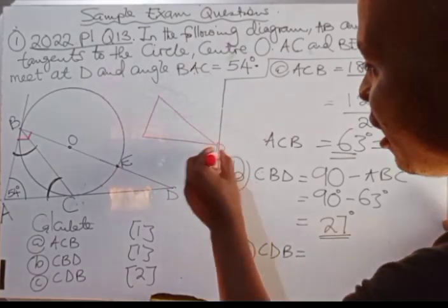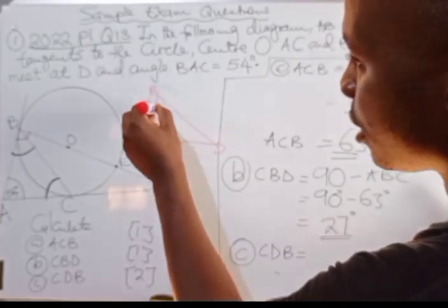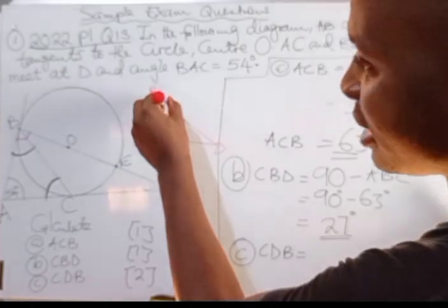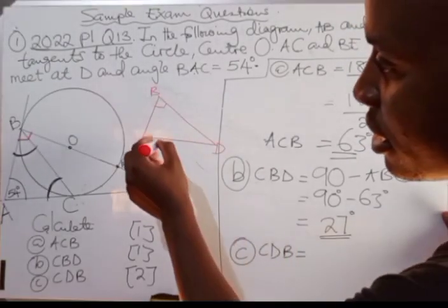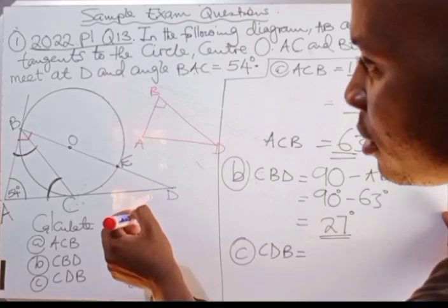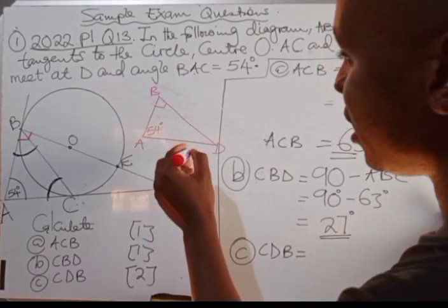We have D there, A, and B. We have been told that there it is 90 degrees, and there we have 54 degrees.